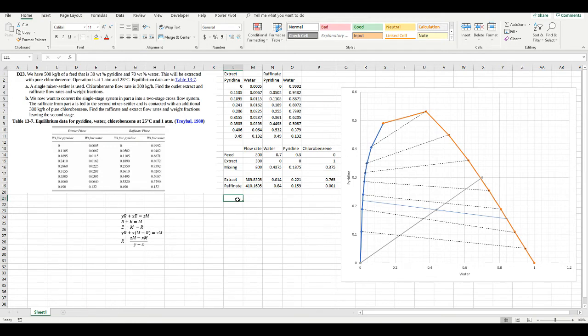So let's start by drawing out the second mixing point. This is going to be the combination of the raffinate stream and then a new chlorobenzene stream. So let's just add a new extract stream.